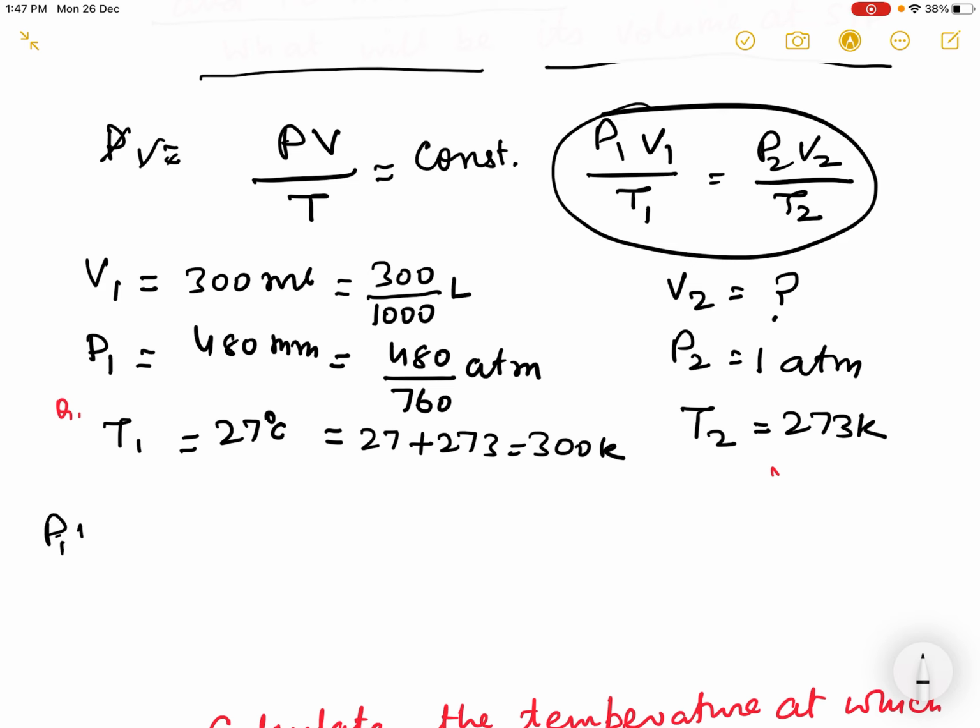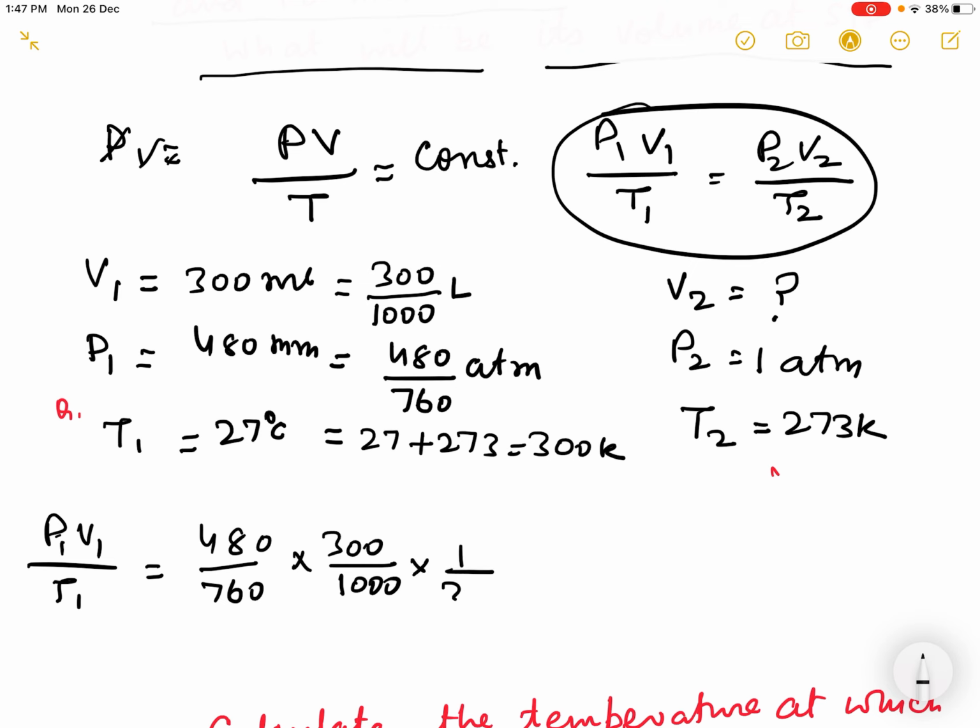P1 is 480 divided by 760 into V1 300 divided by 1000 divided by T1, 300.